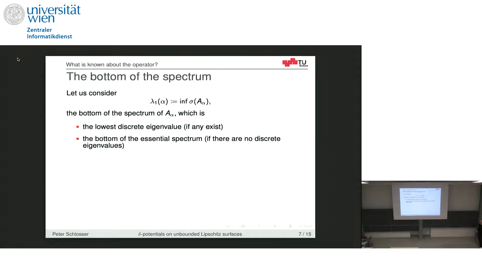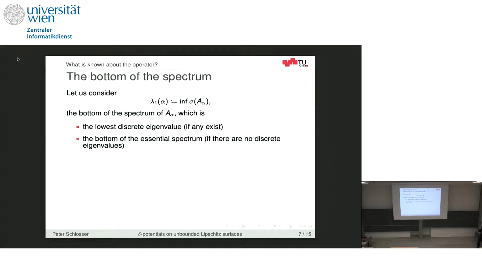For the discrete eigenvalues, from now on, and also for the second part of the talk, for the application, we assume that lambda 1 is the infimum of the spectrum. So since the essential spectrum is an open interval to the right, it's either the lowest eigenvalue, if there are eigenvalues, but this is not the case all the time.